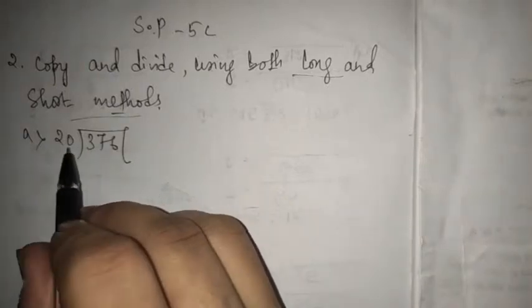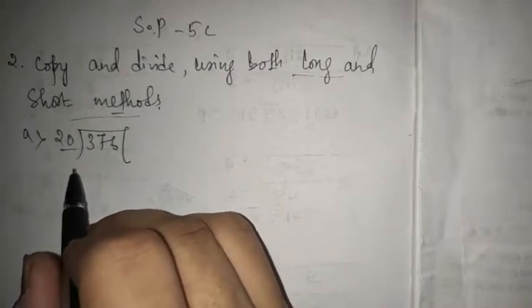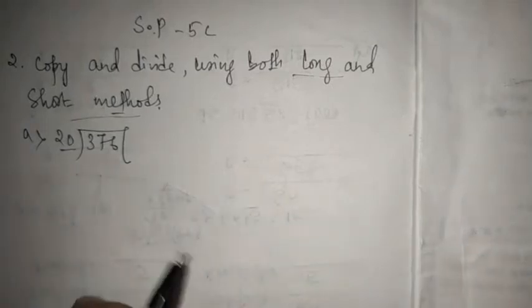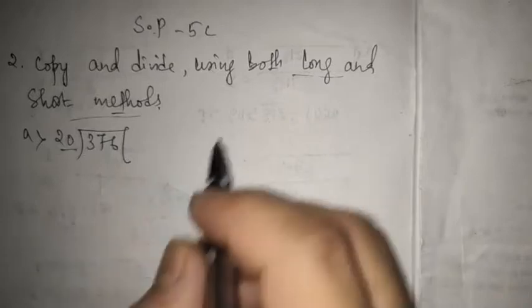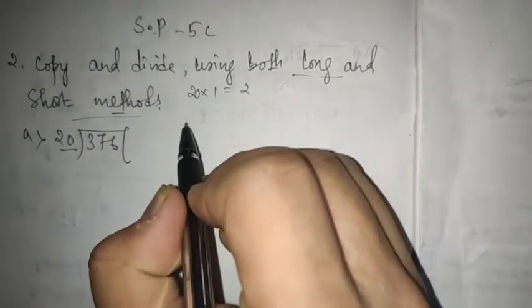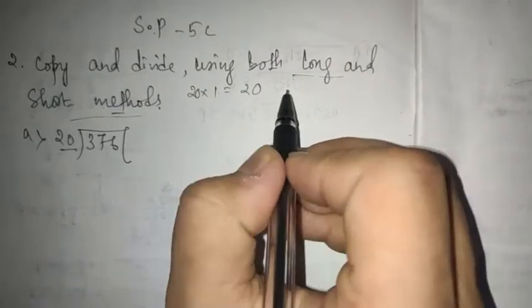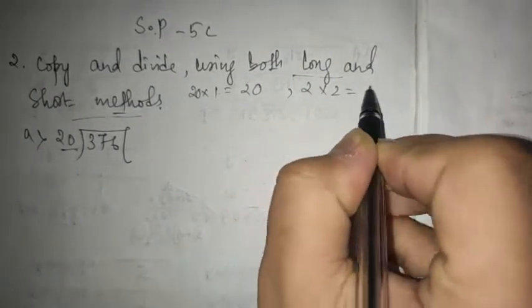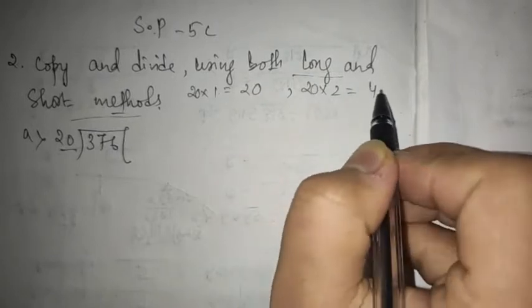Okay, so just see here, it is 20, so your divisor is 20. This number is not very complicated, right? If you know the multiplication table, 2 1s are 2, if you put 0 here, then 20 1s are 20. 2 2s are 4, so just put 0 here.